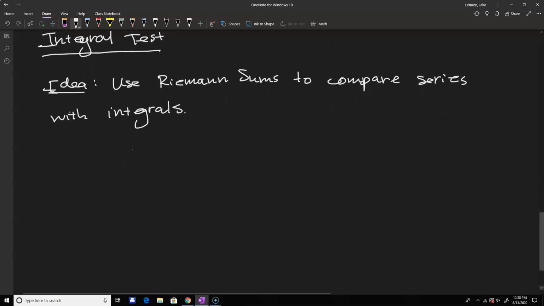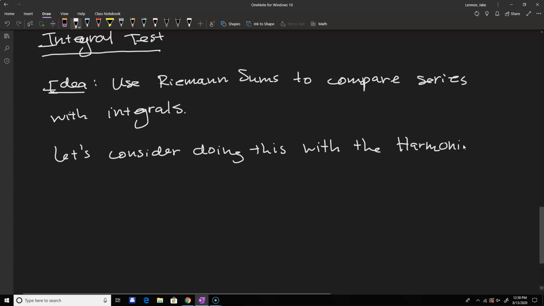So let's consider doing this with the harmonic series, which is the sum of 1 over k from k equals 1 to infinity.